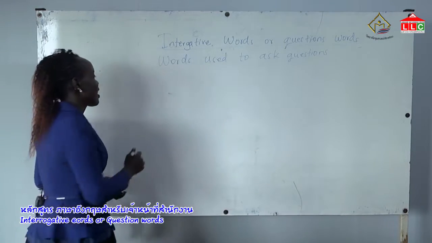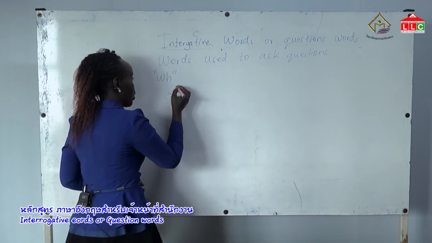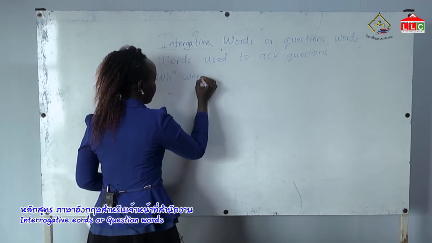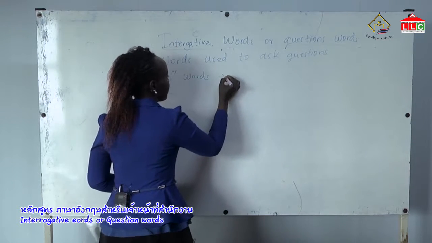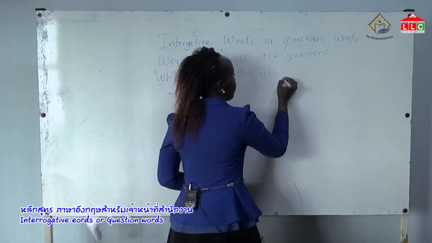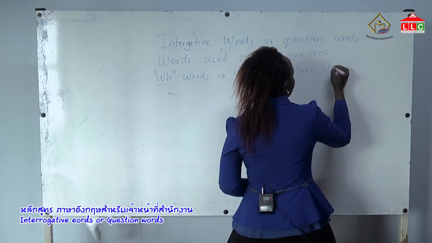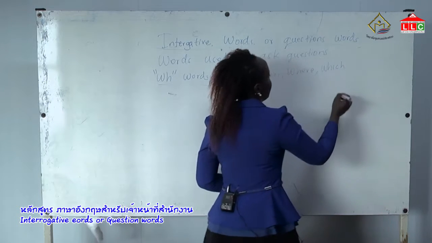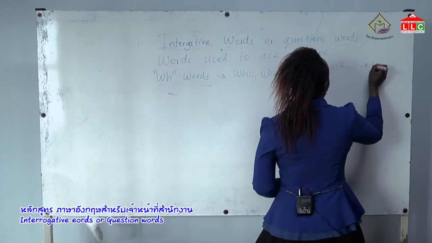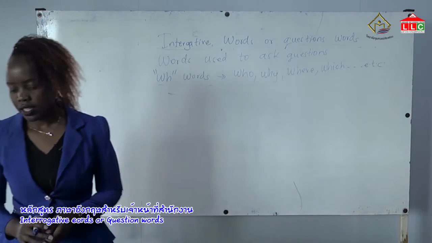Which are these? These are words that we call the WH words, which are who, why, where, which, and so on, many more, okay?